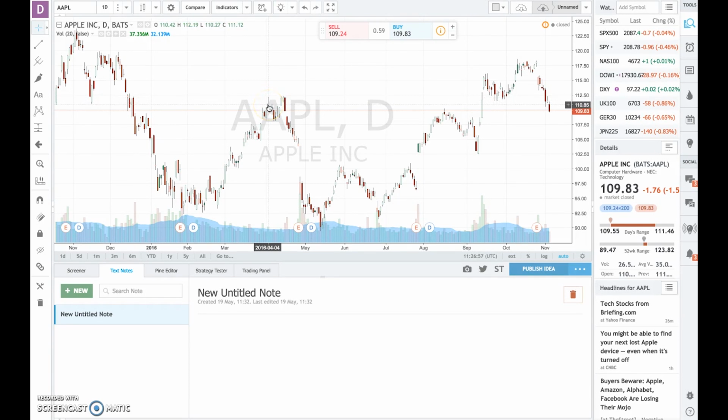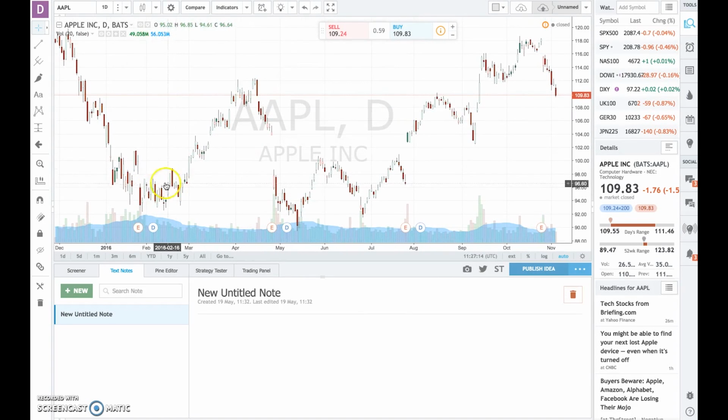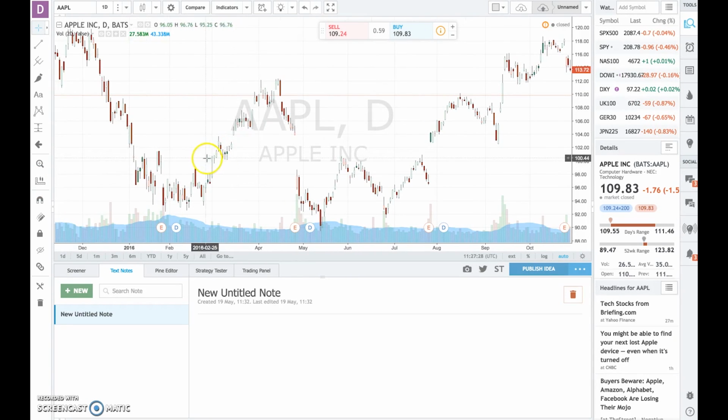So on this day, which was April 4th, even though it closed higher than it opened, here at 110.92, we can see that it traded all the way upwards as high as 112.11, and traded slightly lower than its open. So the lines below the candle, the lower shadow, and the upper shadow, indicate the day's trading below and above the open and the close. So that is the short of it.